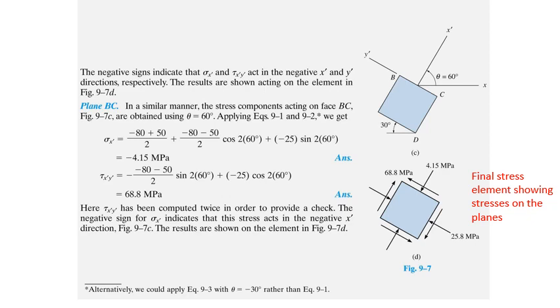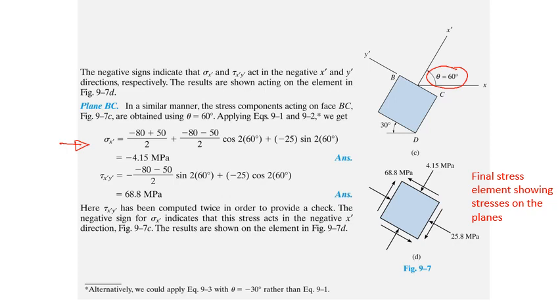Now again, we can use the same equation. Remember, this is the same equation. Sigma x prime is sigma x plus sigma y over 2, and so on until the end. So we replace. Now the angle is different. Remember, this is the angle now for this plane here. Theta is positive 60.